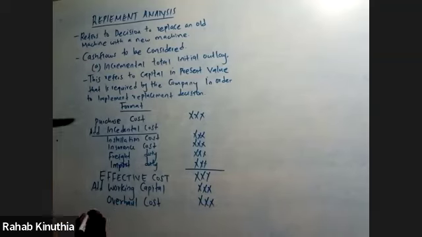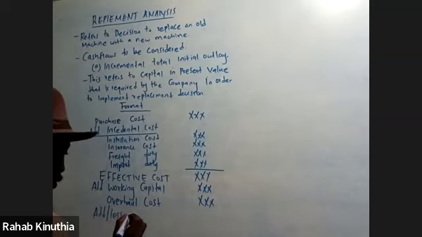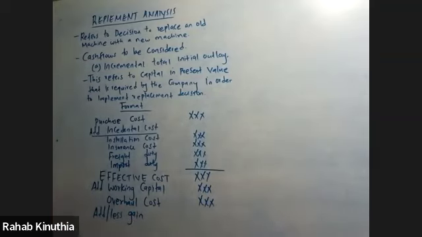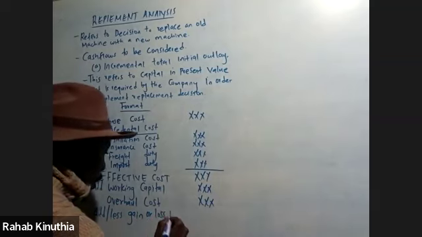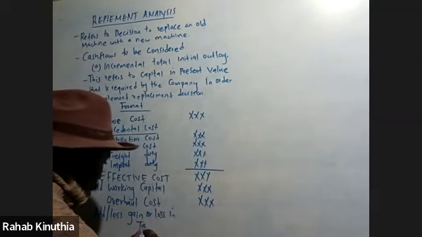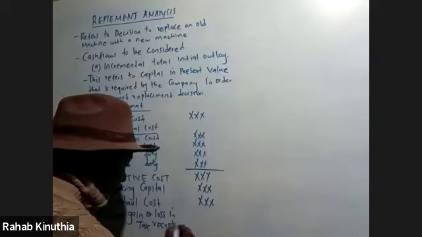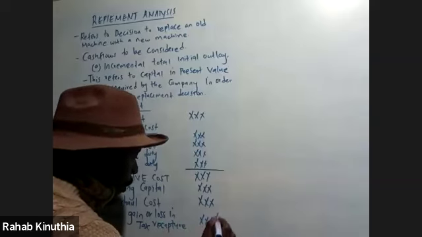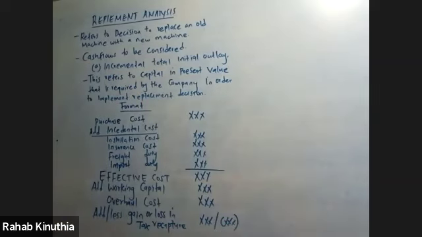Then we add or reduce gain or loss in tax recapture. It's either we add a gain or we less a loss.